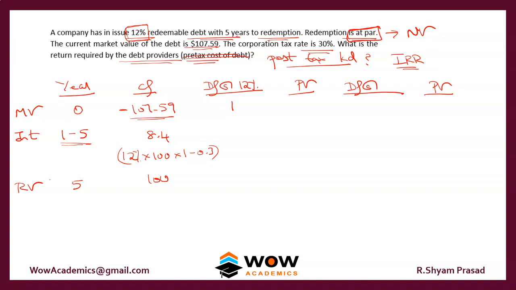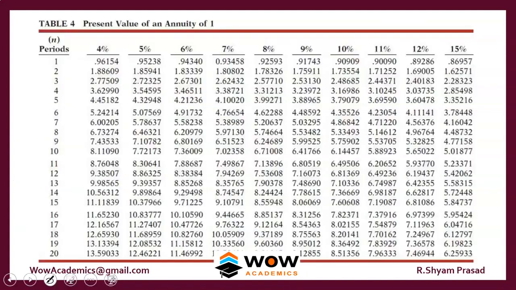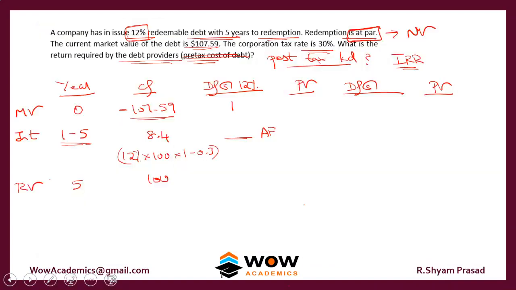So we have to get certain numbers. First, the annuity factor, which we get for 5 years at 12%. So 12% for 5 years comes to 3.6. Then the redeemable value for 5 years has a cash flow of 100. The interest is received for 5 years, that's why we took the annuity factor.